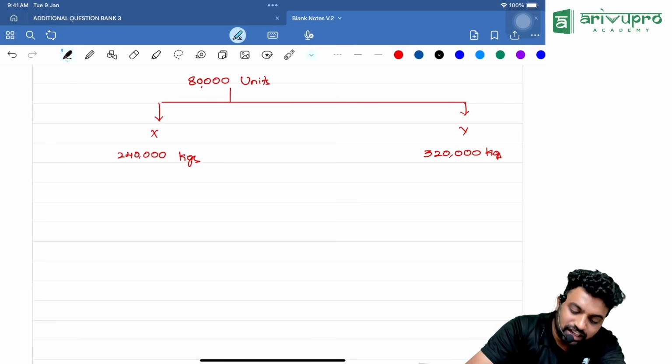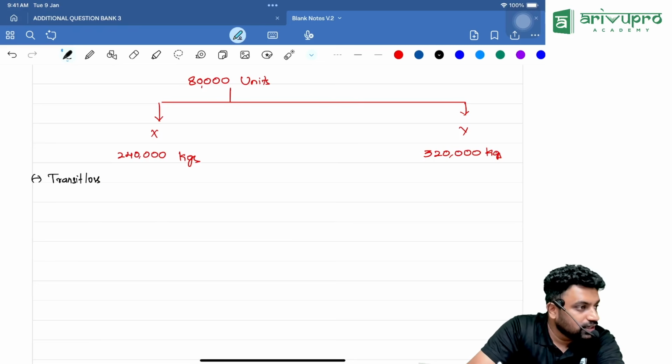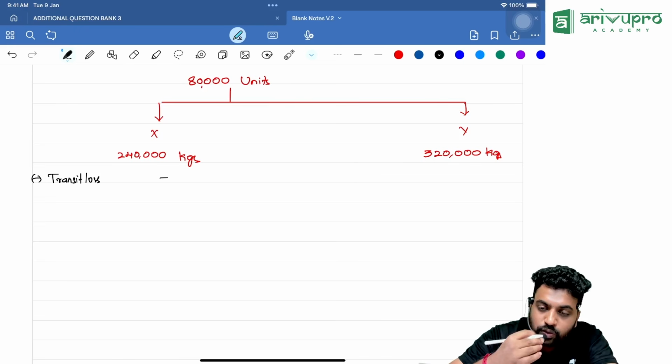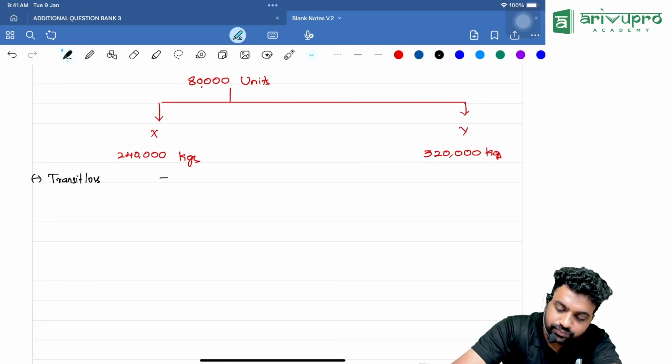Now transit loss you have to reduce. Correct? Minus transit loss. So transit loss, how much percentage are they telling? First one nil. But for the second one 2%. 2% on purchase quantity. Here we are purchasing how many quantities? 320,000. So 320,000 into 2% is 6,400 kgs.